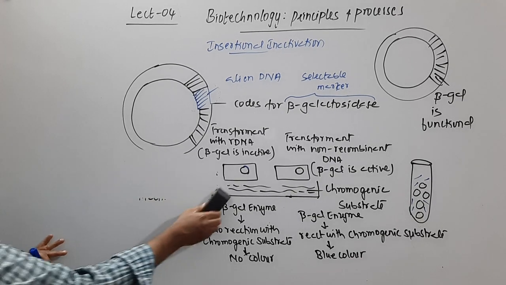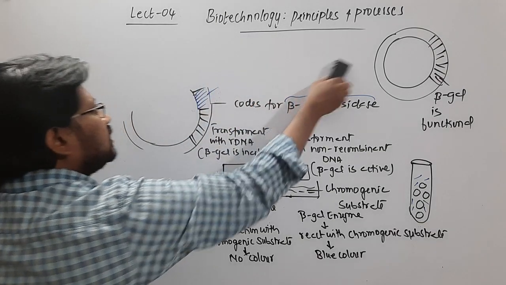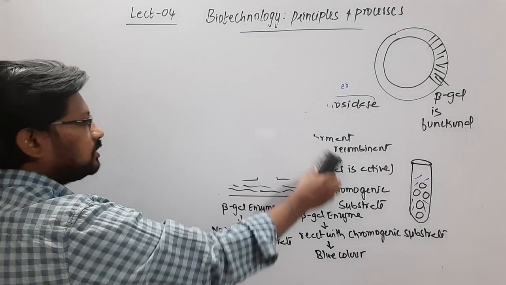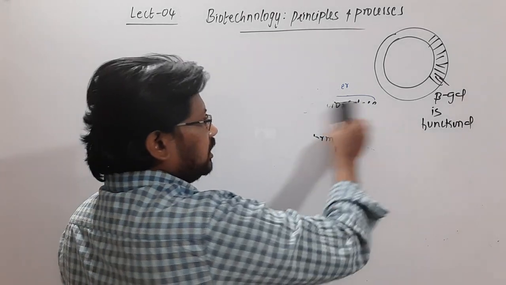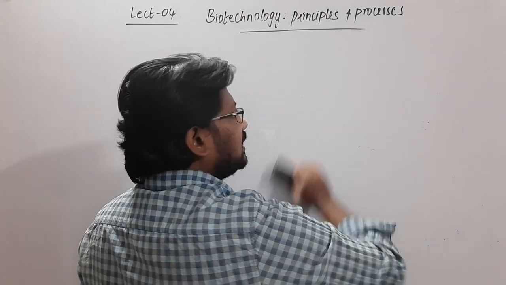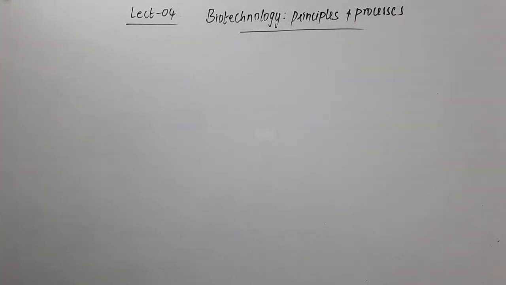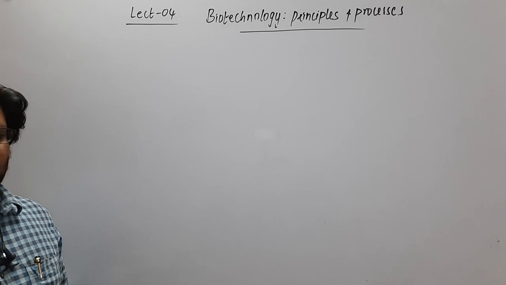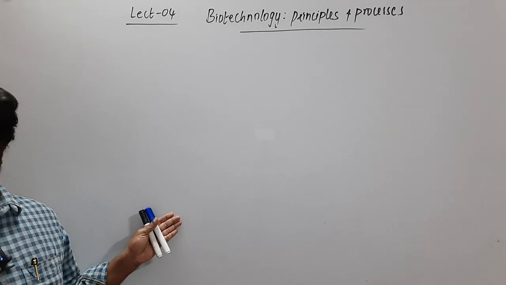Next, we'll see about the vectors for cloning genes in plants and animals. How do we deliver genes into plant cells and animal cells? In the case of bacteria, we used plasmids.